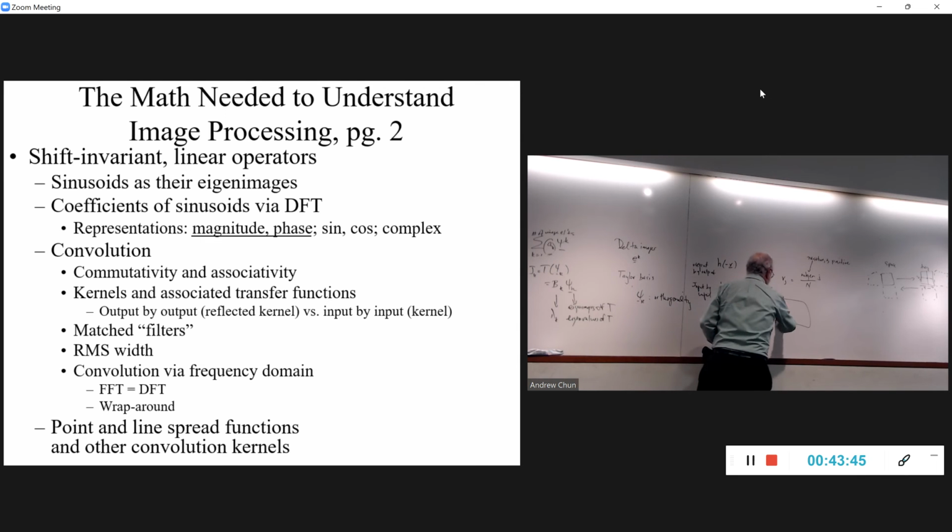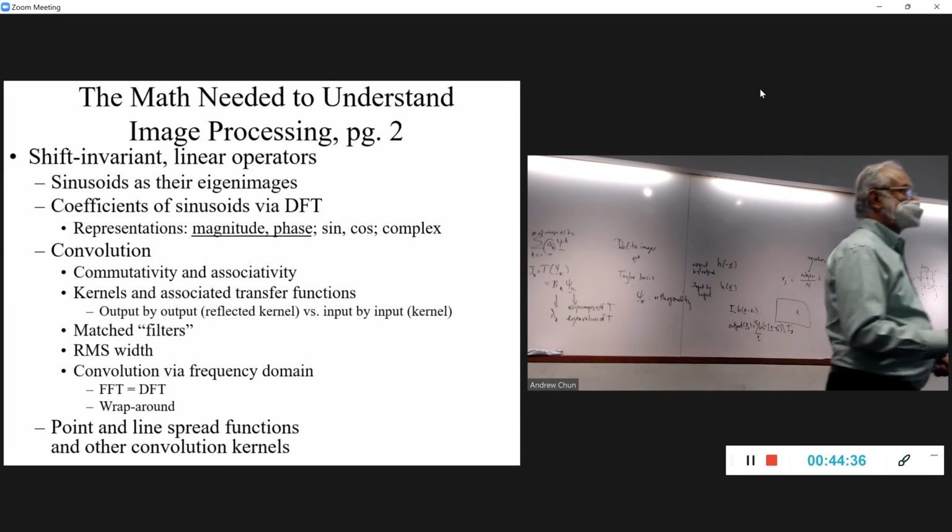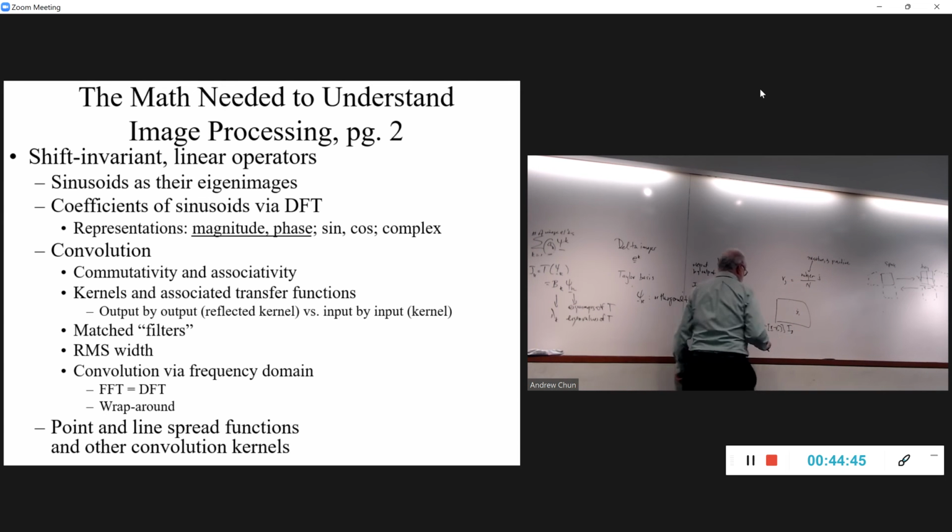But when you do it output by output, and you're at some, I'll call it x1, then what you have is that the output at x1 is h of minus x minus x0 times I sub x, summed over all the x. Yes, thank you. Excellent. Okay.